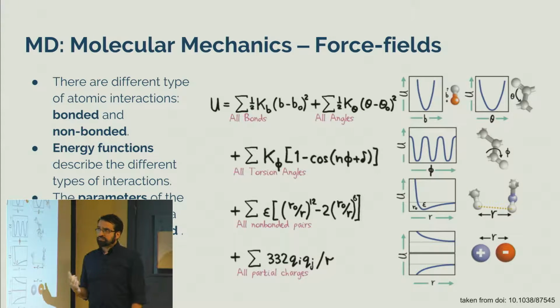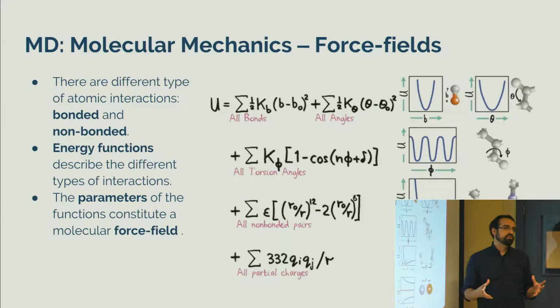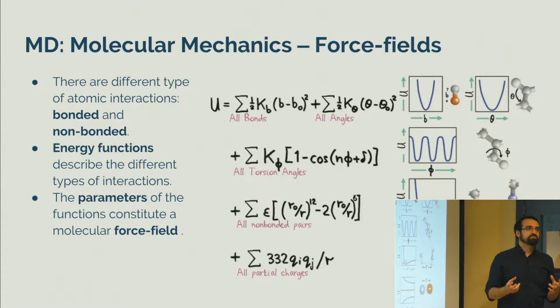So how exactly do these simulations occur? We need a physical model of our proteins, a physical description of how this dynamics or this mechanical model works. This is done through molecular mechanics, through force fields.